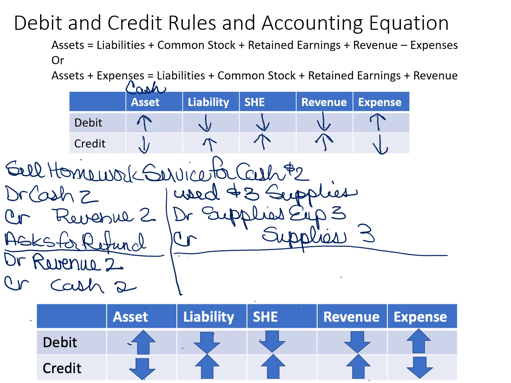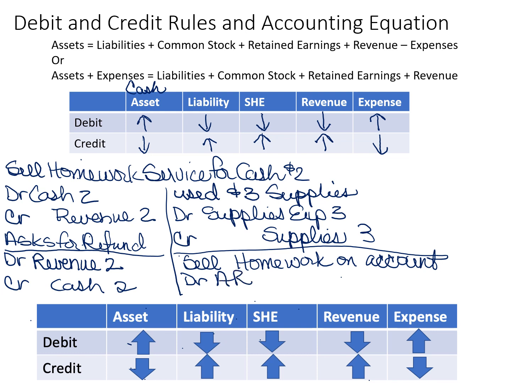What if I sell homework on account? Well, if I sell homework on account, that means that I am selling, but I didn't get any money, which means it's an account receivable.